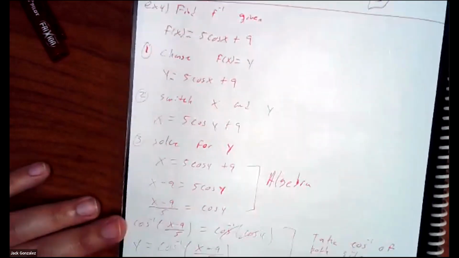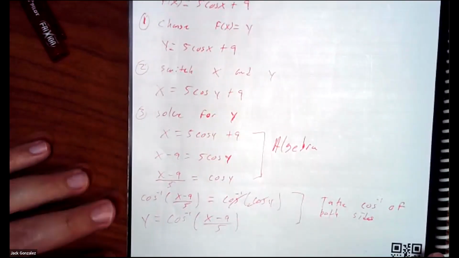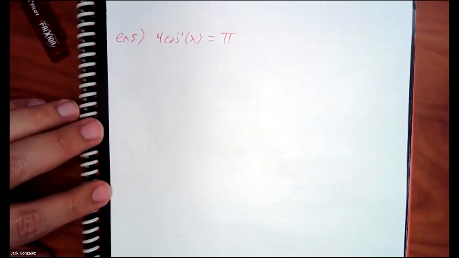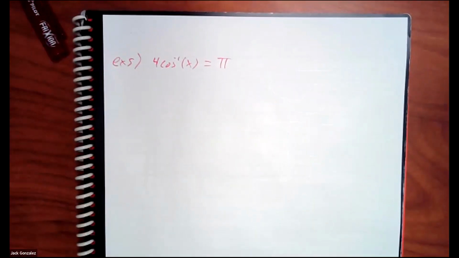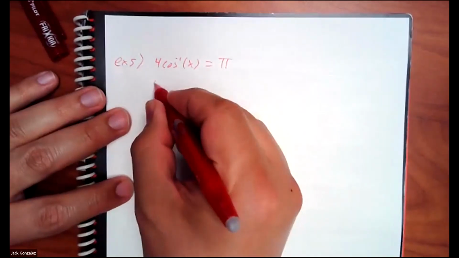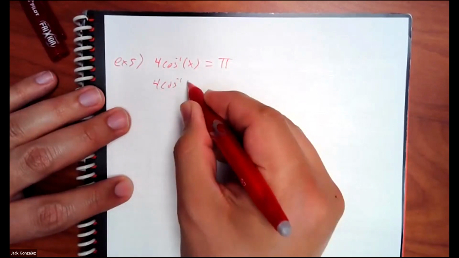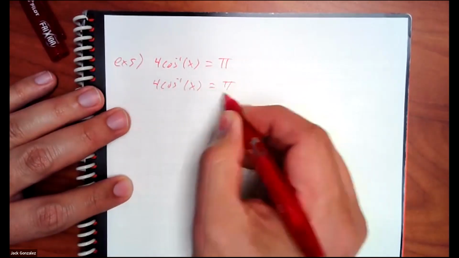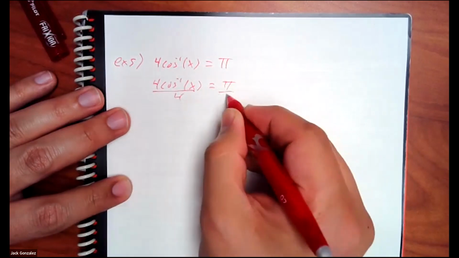You guys cool on this page or not yet? So number 5, I mean, you could technically use the circle once you isolate cosine, or you can use your calculator, either way.